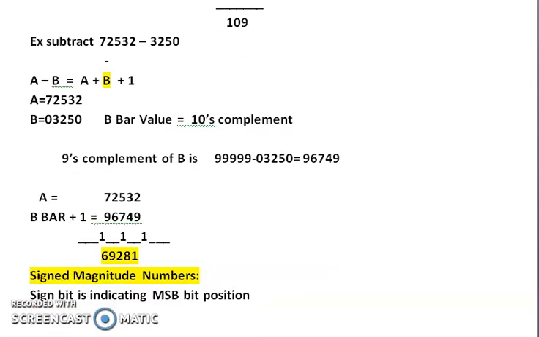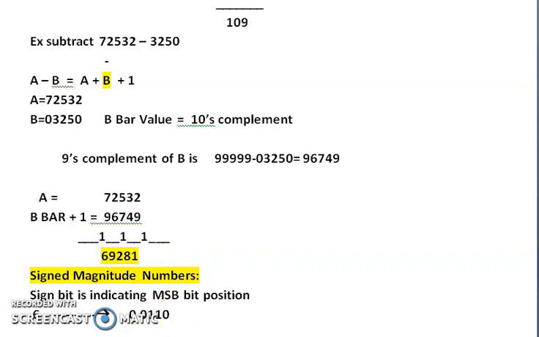For example, 6: 6 without giving the sign is called a positive sign. 6 in binary representation is 0, 1, 1, 0. In this one you can put 0 at the MSB bit, no problem. So 0, 0, 1, 1, 0 is called 6.